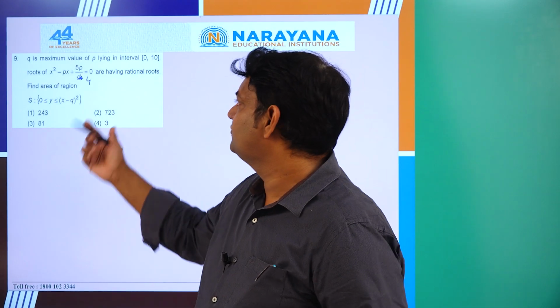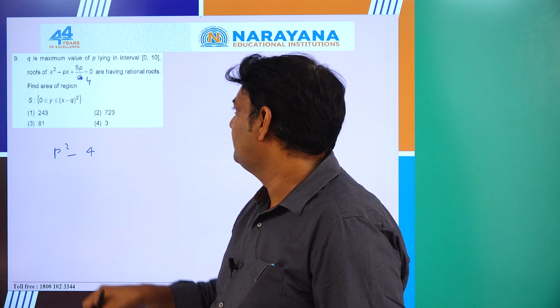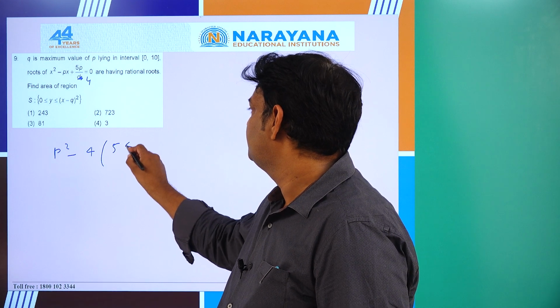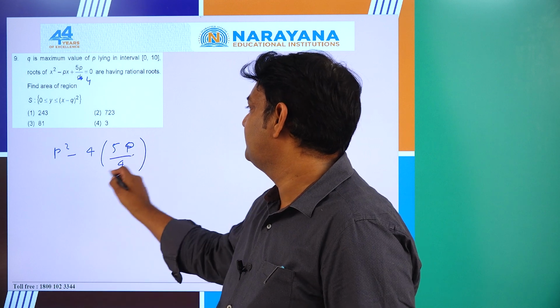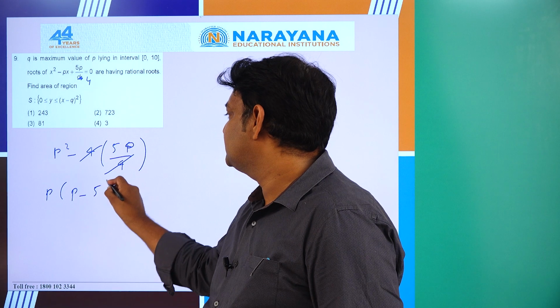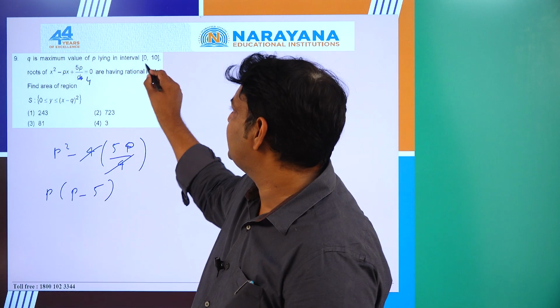We want the roots to be rational, so the discriminant should be a perfect square. What is the discriminant? B square minus 4ac should be a perfect square. 4 got cancelled. That is p into p minus 5 should be a perfect square, and q is the maximum value of p.